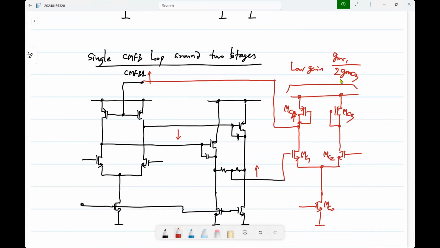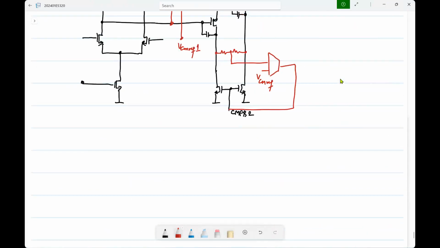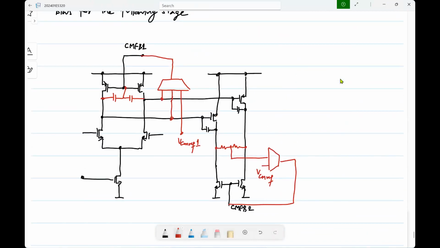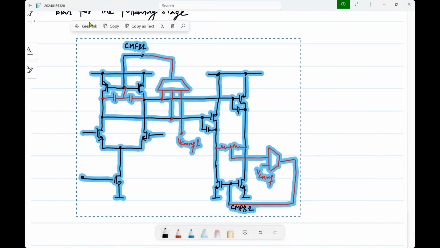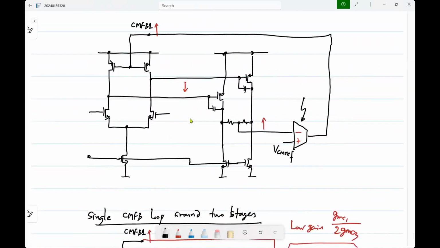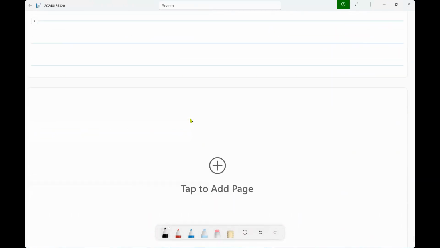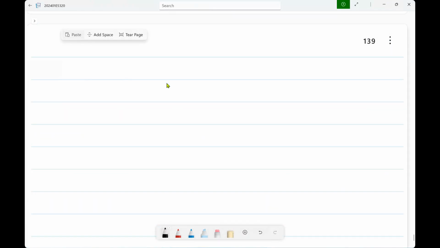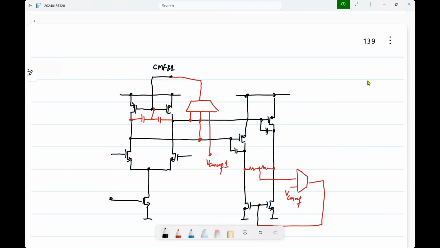So one of the things that may sometimes have to be done can be in any type of circuit.